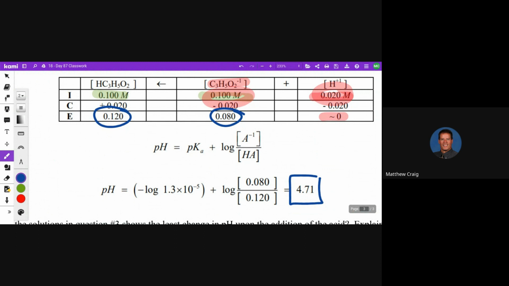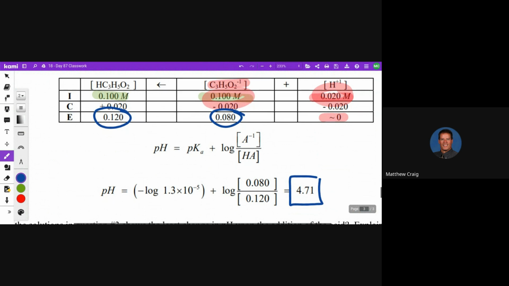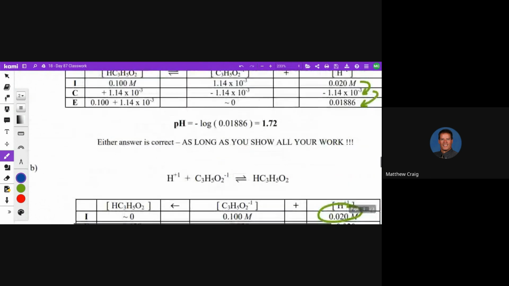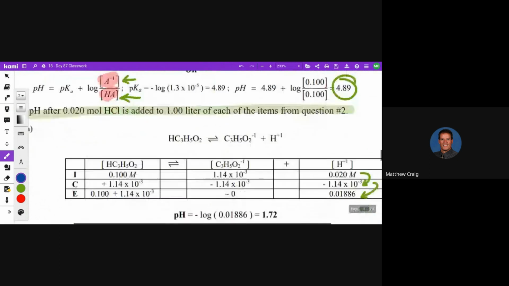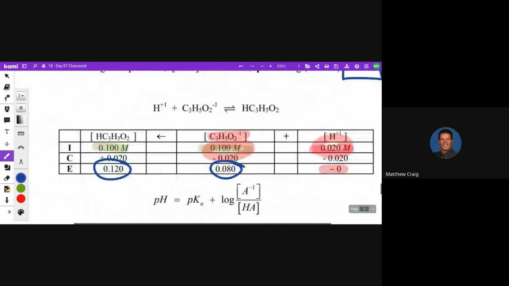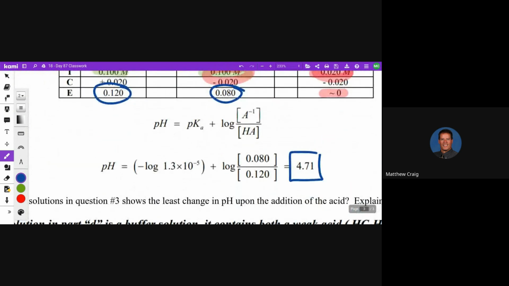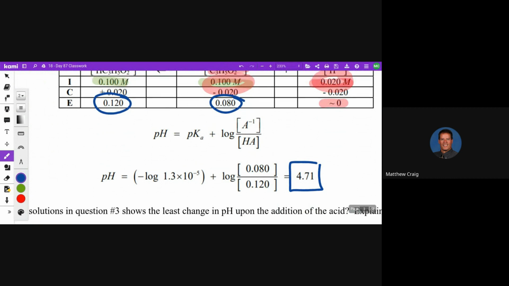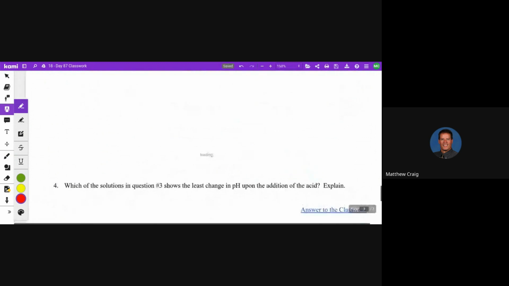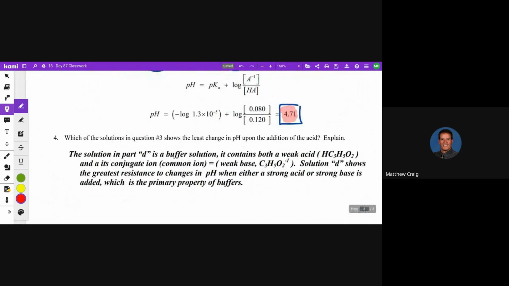So I think our original pH for this, if I can remember, it was 4.89. So 4.89 to 4.71. It's not a great buffer to have, but it definitely had the least change in the pH. So when we are answering this type of question, which one had the smallest change in pH, which is question number 4, obviously solution D is the better buffer.